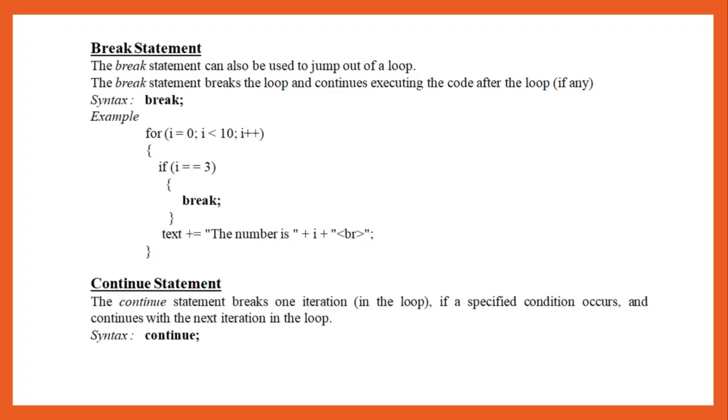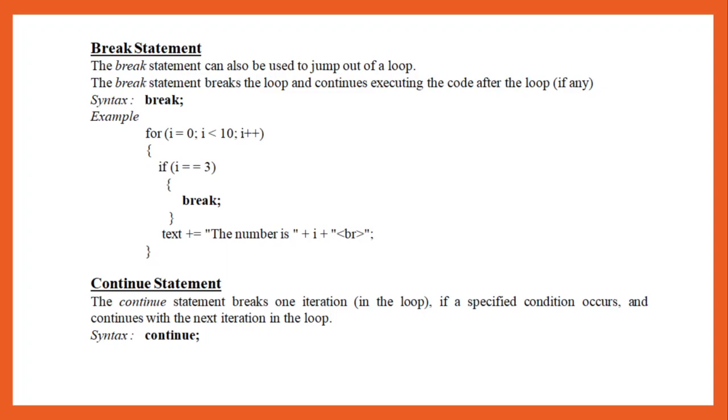Here we are using the keyword break. See the example: for (i = 0; i < 10; i++), if i equals 3, break. Here the loop will break if the condition i is equal to 3.